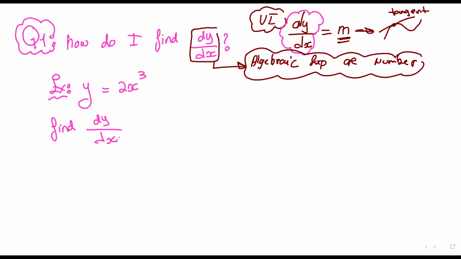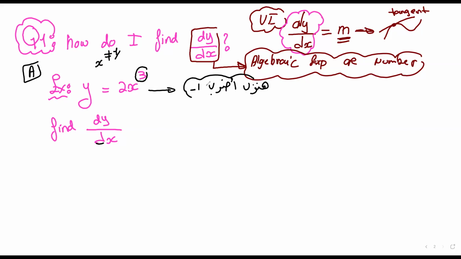Focus with me please. This is case A that we are working on now. To find dy by dx for a power of x that is not 1, I bring the power down and multiply, then subtract 1. That means I take the power of x, multiply by the coefficient, and decrease this power by 1.